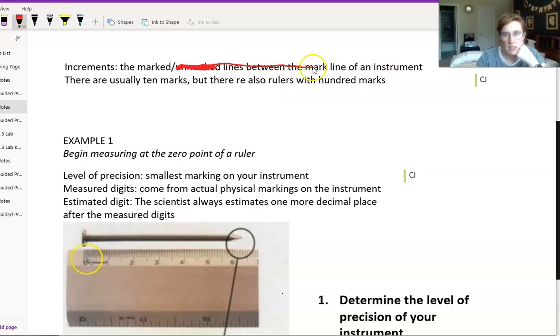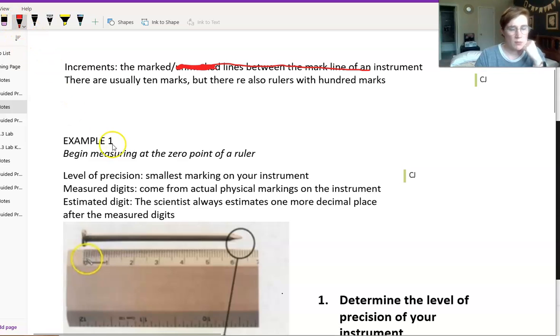So the lines here that are by the numbers, these are marked lines. So this is an increment. But we also have smaller increments that are marked here, and a medium-sized increment right there. So these are all considered to be increments, okay? They're all marked lines on our instrument.